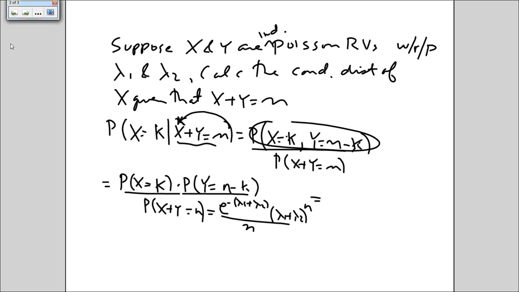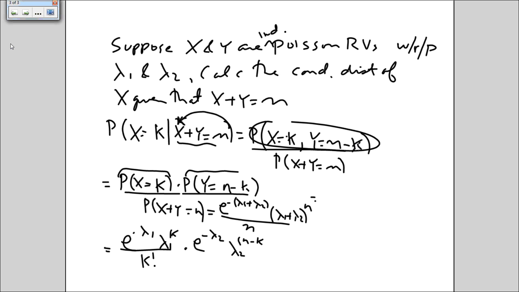Okay, so now let me write this underneath. Since it's Poisson, this probability is e to the negative lambda 1 times lambda 1 to the k over k factorial, times this probability, which is e to the negative lambda 2 times lambda 2 to the n minus k over n minus k factorial, divided by this.